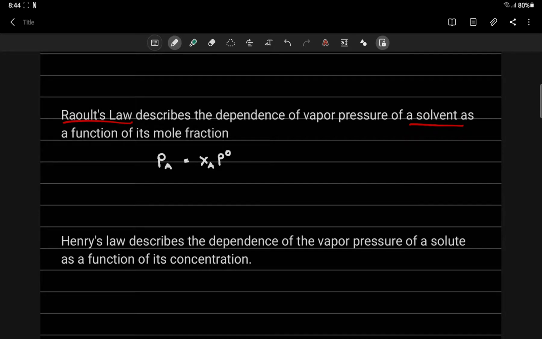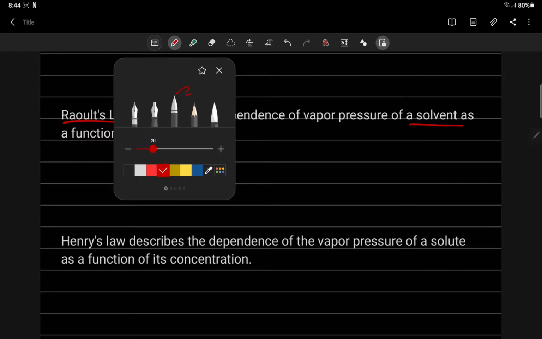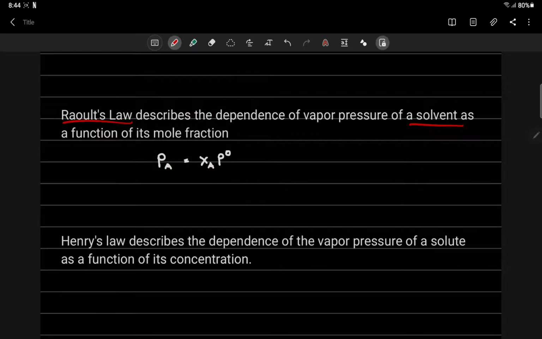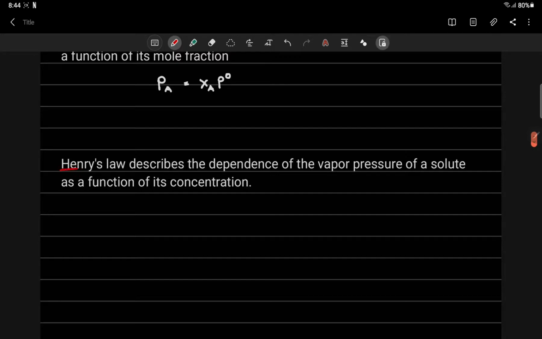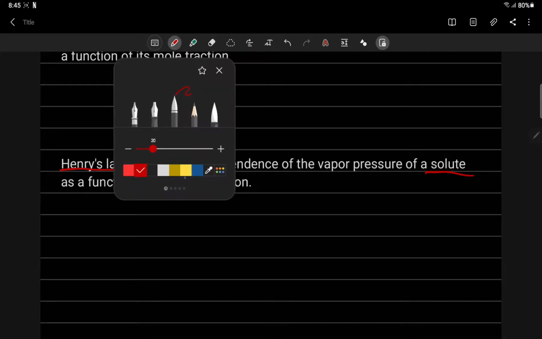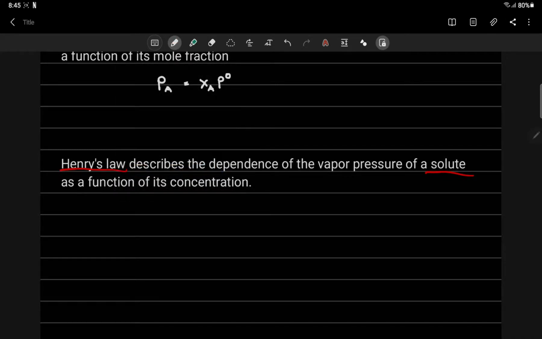Now, si Henry's law naman. Kung si Raoult's law ay for the solvent, si Henry's law will be for the solute. Okay, so it describes the dependence of the vapor pressure of a solute as a function of its concentration. So mathematically, we want to find the partial pressure of a certain solute in a solution.